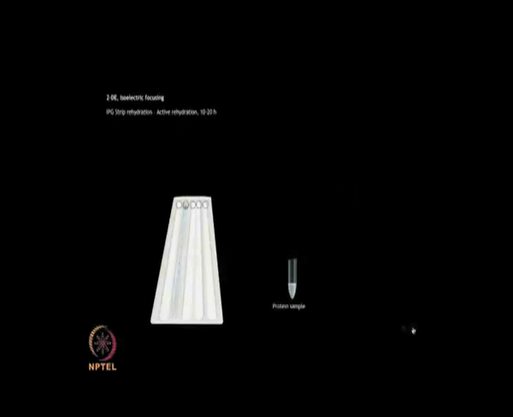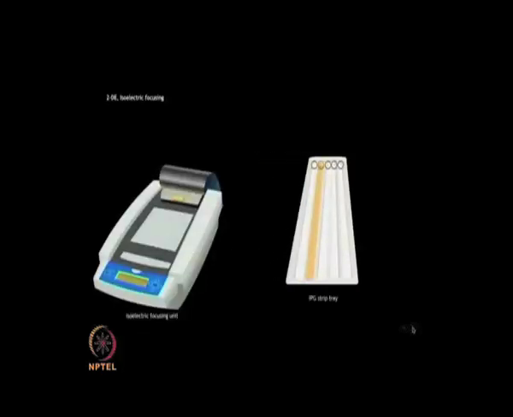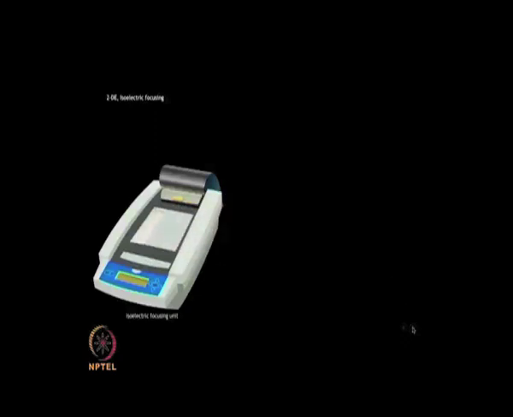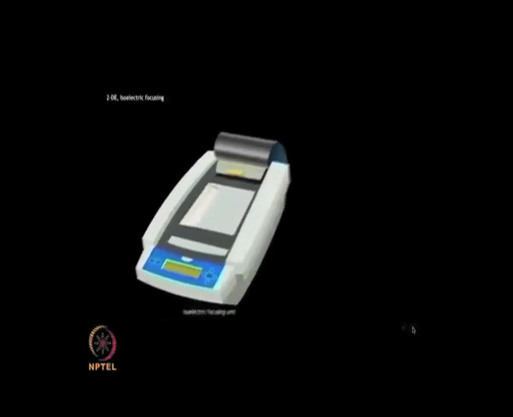The protein sample being applied, a very low voltage is provided and then cover fluid can be added. This is then placed in the isoelectric focusing instrument and low voltage is applied. The process can be performed for 10 to 20 hours.